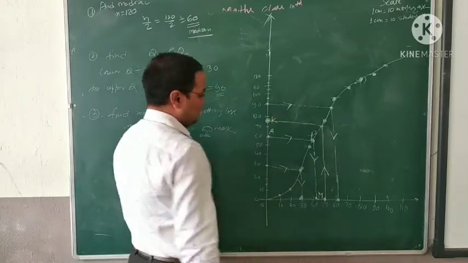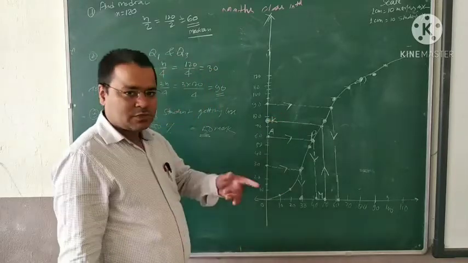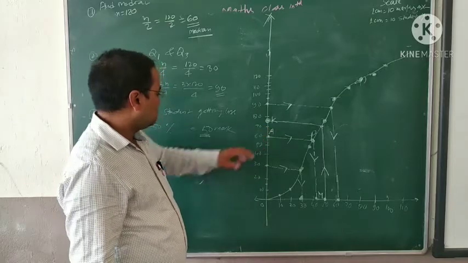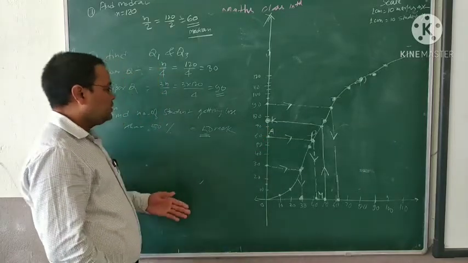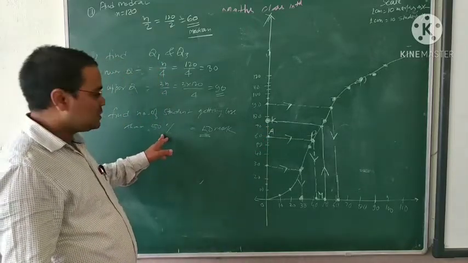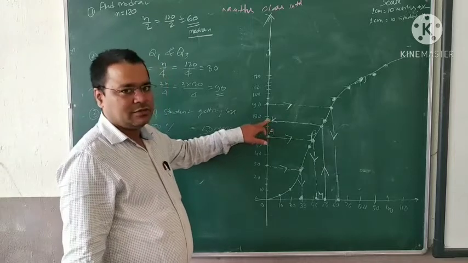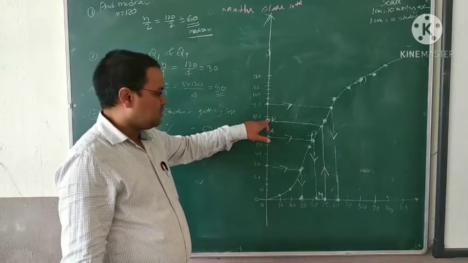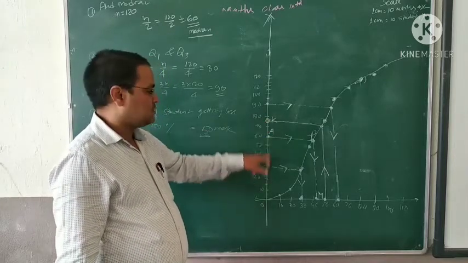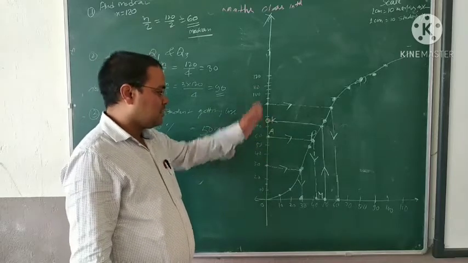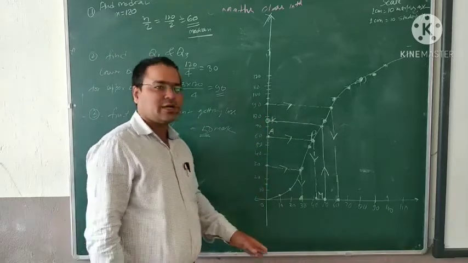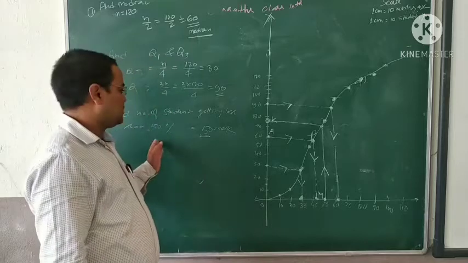Here the number of students getting less than 50% is near about 80. Means maybe 76, 77 or 70 like that. If it is graph paper, then clearly we can say how many students are getting less than 50%.